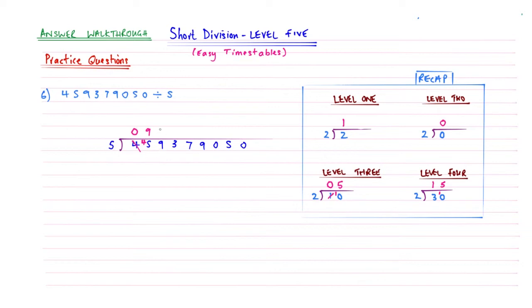Well, that's once with 4 left over. And now I think we might have a chain coming up here. How many 5's go into 43? Well, that's 8 times, because 5 times 8 is 40. Now I've got 3 left, so I need to put that next to my 7. So that now gives me 37. How many 5's go into 37? Well, that's going to be 7 times, because 5 times 7 is 35. And now that gives me 2 left over.